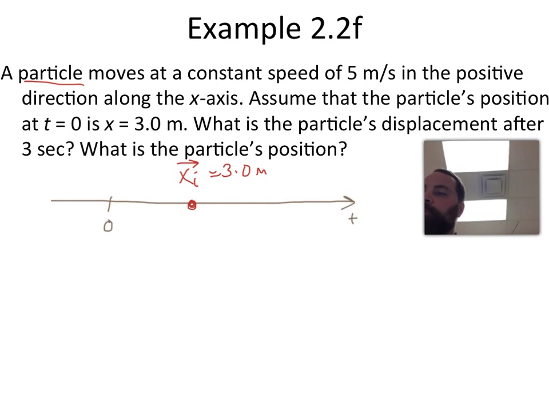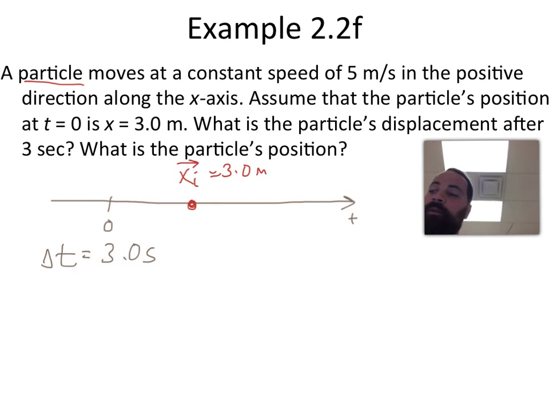And so we have a time elapsed, so I'm going to write that down. Our change in time equals 3.0 seconds. Now you might ask me why I put that change in time right there. Well, remember, time is something that has elapsed.